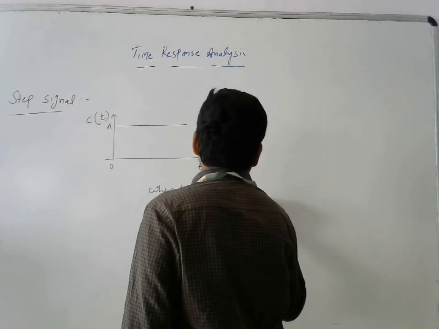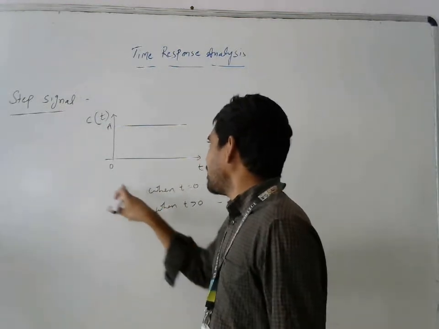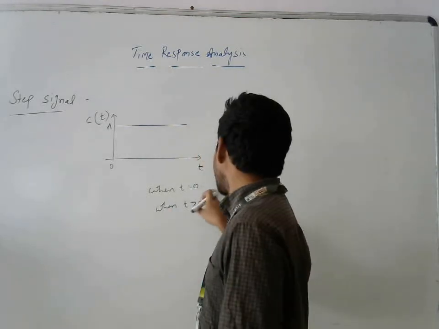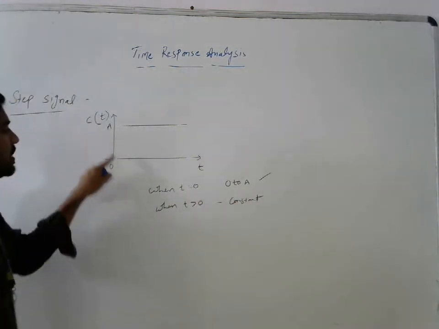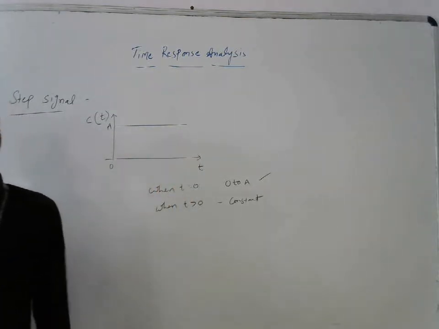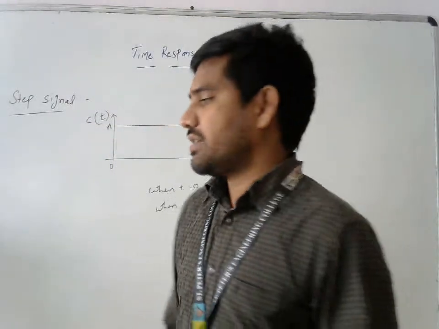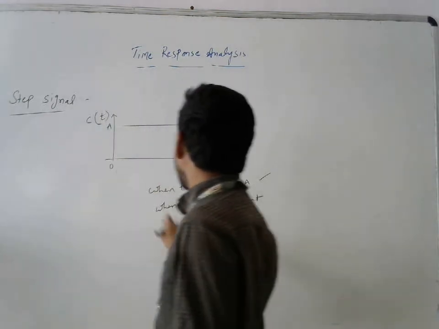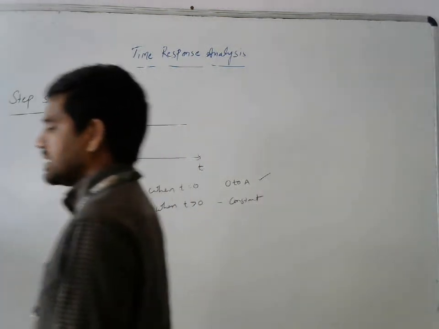Very simple. When t equals 0, the output response varies from 0 to A. When t is greater than 0, for all the remaining values of t, it will be a constant, right? That is a step signal.